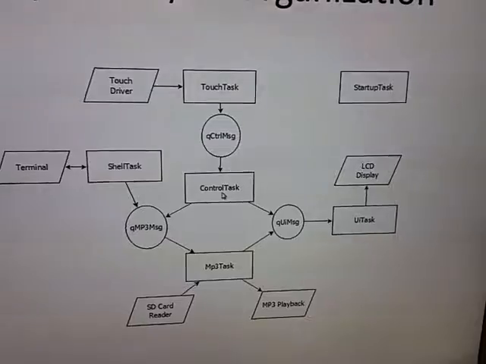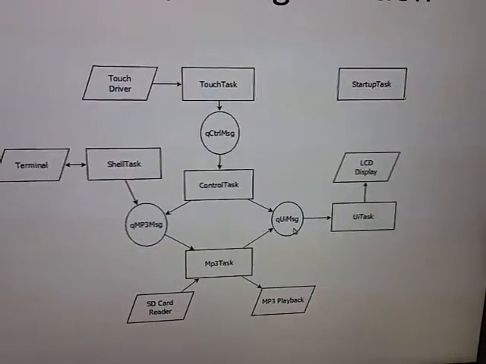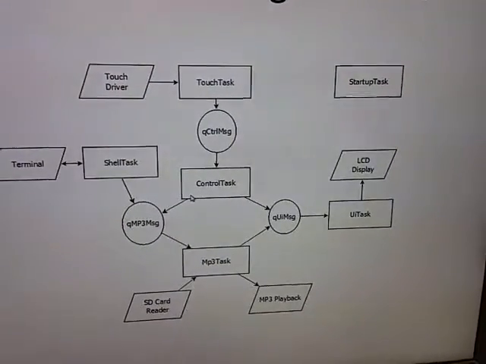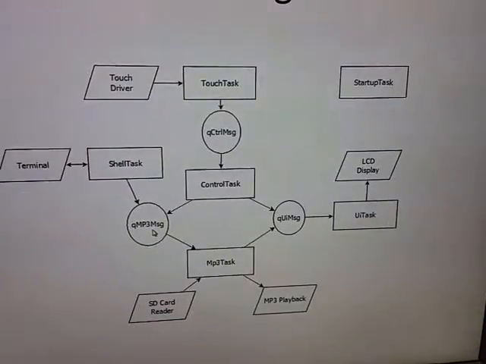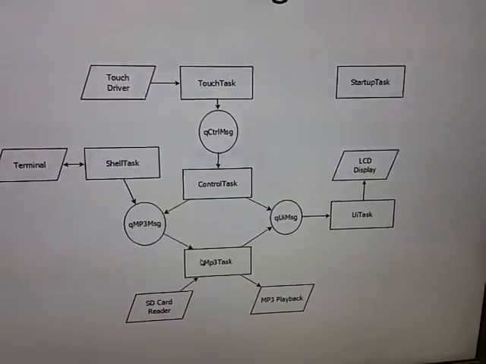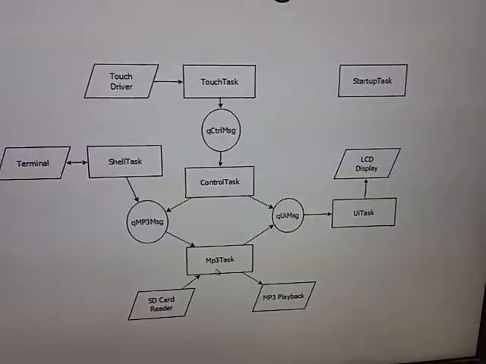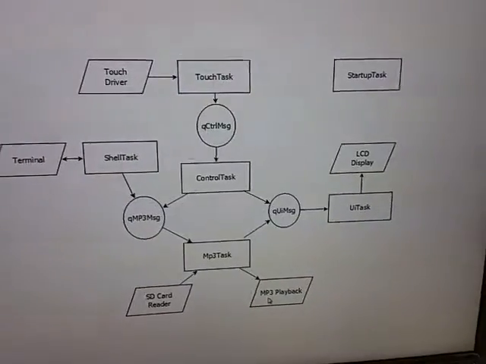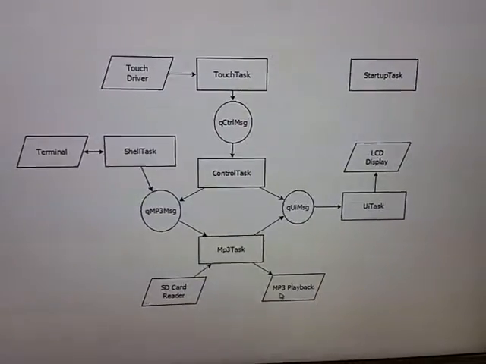Button up down messages prompt a change in the user interface task through the UI message queue, and send button press messages, send control messages to the MP3 player via the MP3 message task. The MP3 task has the job of continually playing back MP3 data if the system is in playing mode.